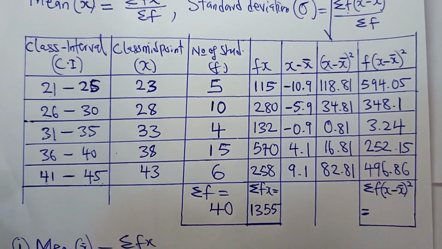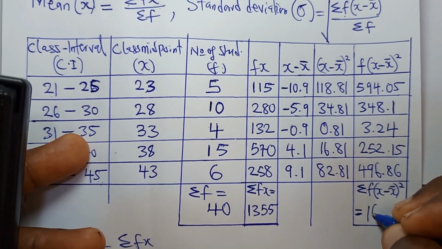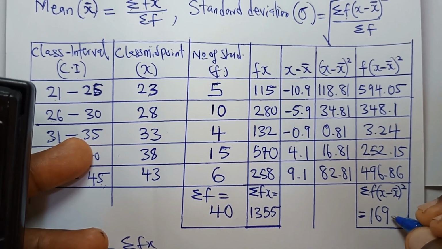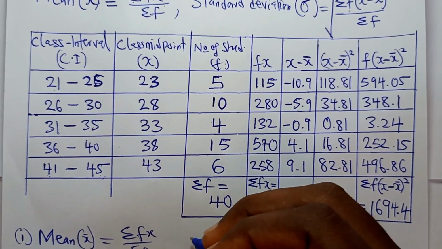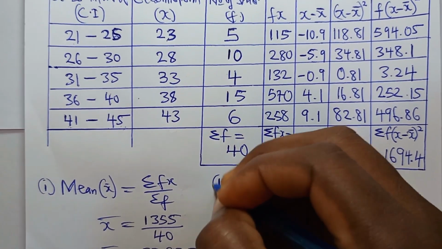So the total will give me 1694.4. So finally, we'll now come here, which is the B part.